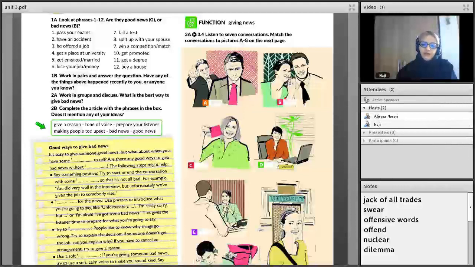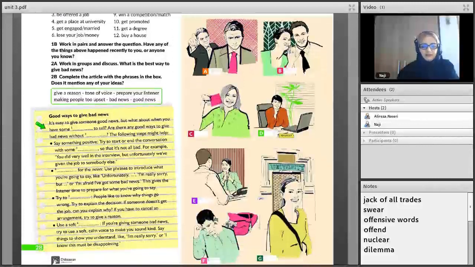Really, it is difficult to convey and give bad news. You might have your own ways, your own attitude about that. But here, some ways have been suggested in order to convey a piece of bad news in a way not to upset other people very much.